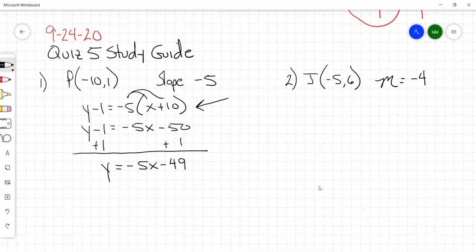So we do y, and the opposite of this y value, so y minus 6, equals the slope, negative 4, times x, and the opposite of your x value, so plus 5. And that's your equation in point-slope form. Y'all good so far?